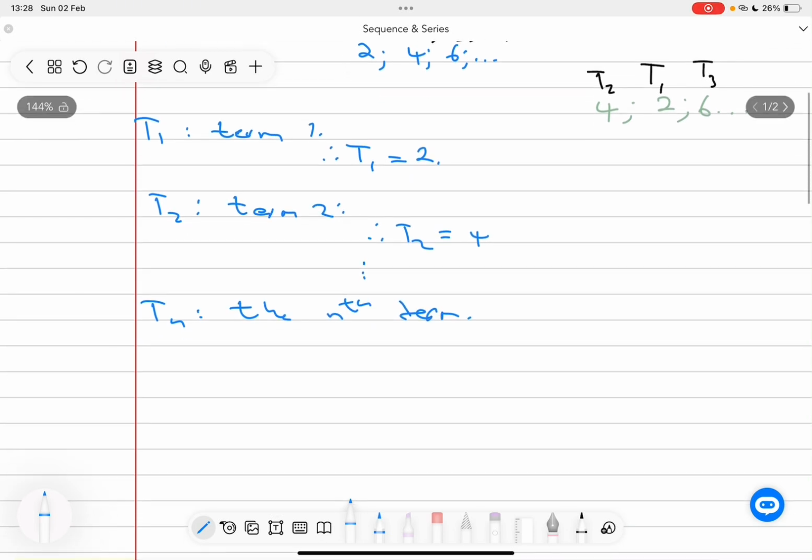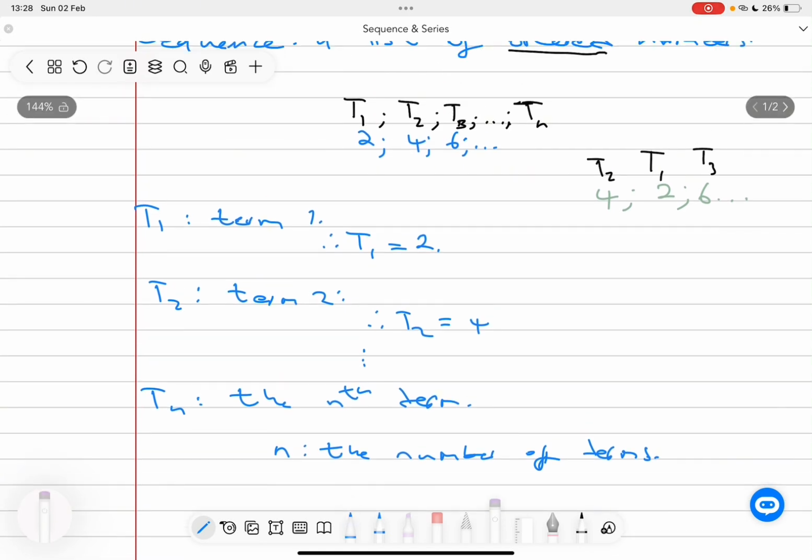Tn would mean the nth term. The n represents the number of terms. So n would be the number of terms. So it tells us which term we are dealing with, right?